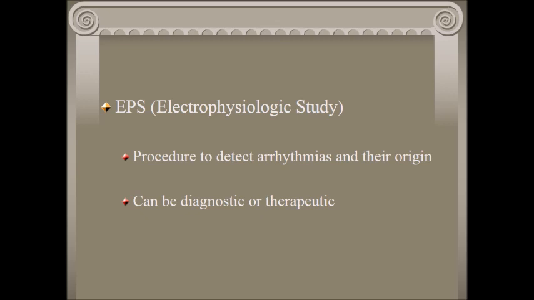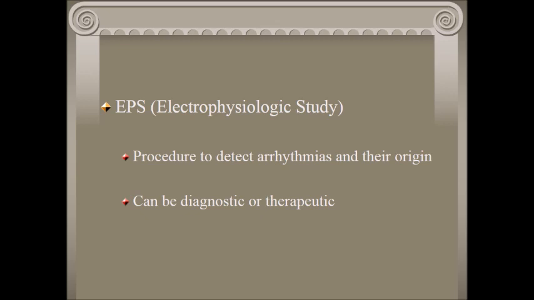For patients that have dysrhythmias, a lot of times when physicians want to know how to best treat these dysrhythmias, they will conduct an EPS study, or an electrophysiologic study. It is a procedure done by cardiac cath or coronary angiography. It is used to detect arrhythmias and their origin.